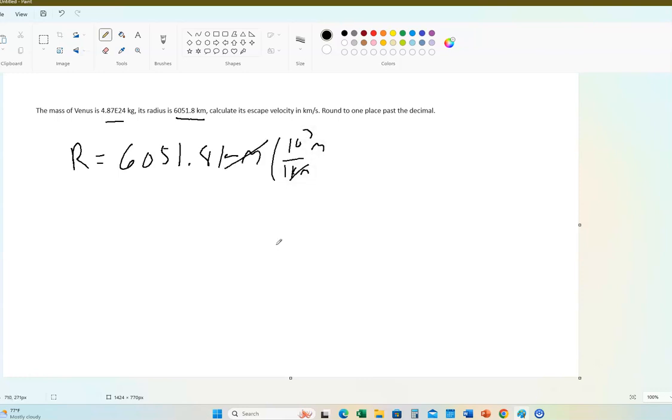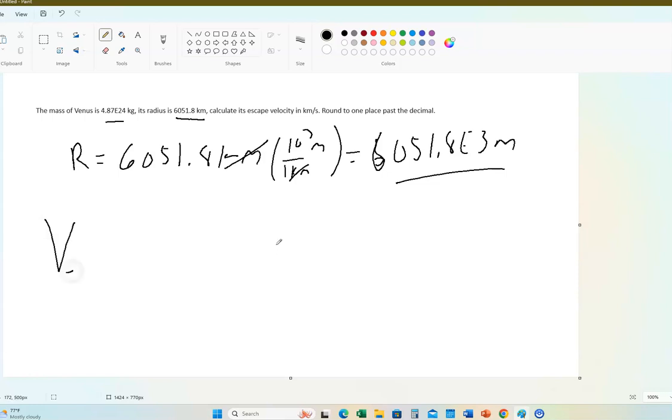The kilometers cancel. So this is, sorry, that's supposed to be a 6. 6051.8 times 10 to the third meters. All right, so that's the number I'm going to use.